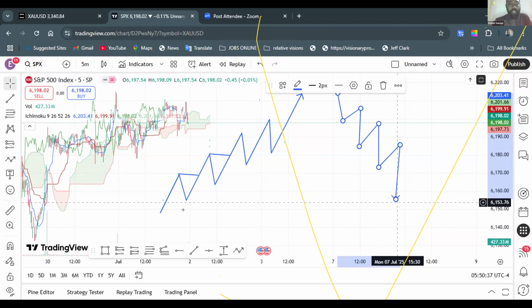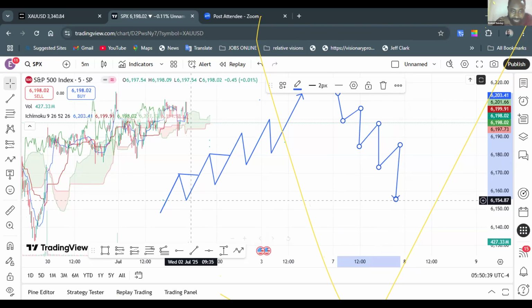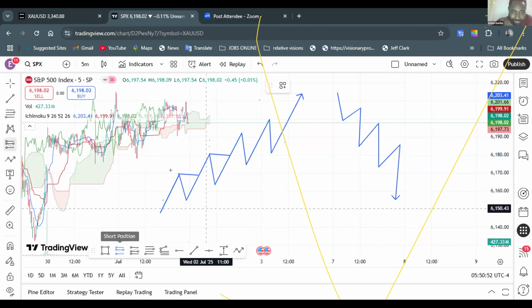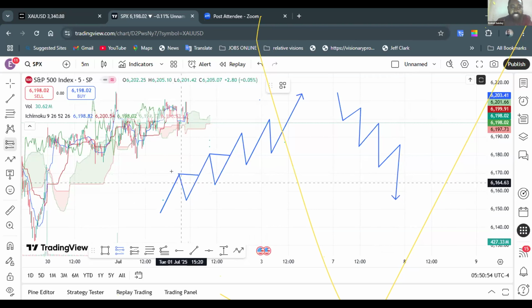Based on this, if you have to enter this market and you want to catch a buy on these higher highs and higher lows, let me just pick a short buy there. This point gives you a demand zone.